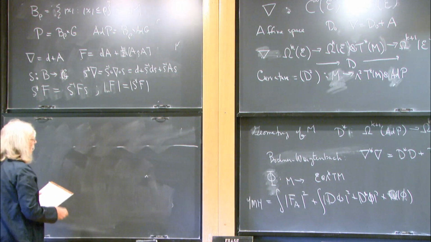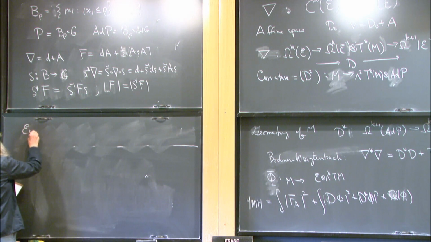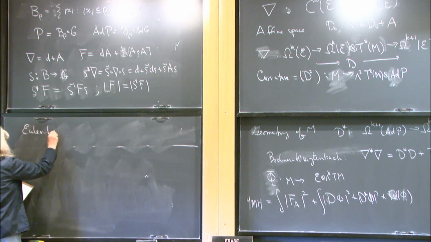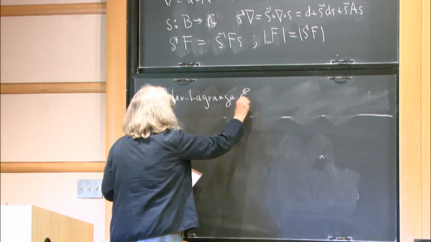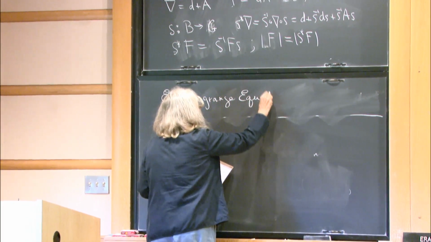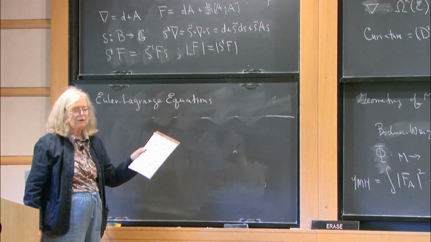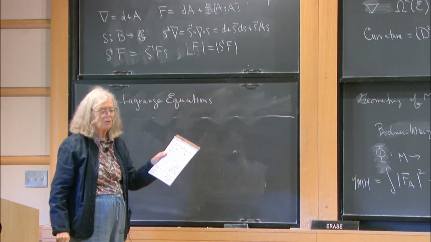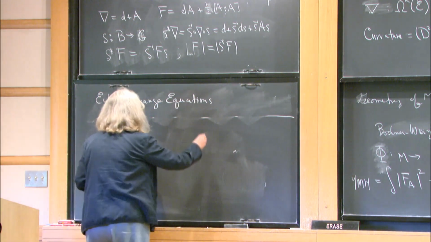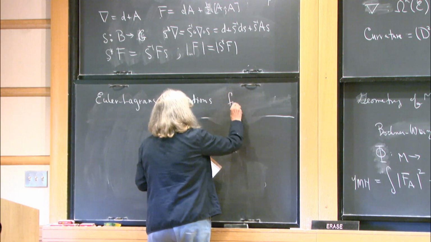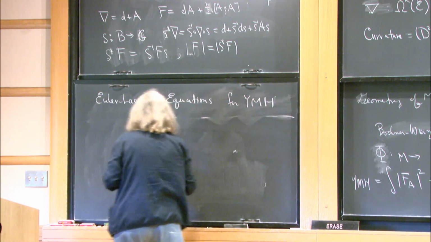Okay, so now we want the Euler-Lagrange equations. And by the way, you see the Euler-Lagrange equations are gauge invariant because the integral that I'm taking is gauge invariant. So I don't have to go through that. And the Euler-Lagrange equations for Yang-Mills-Higgs, I just write that down.